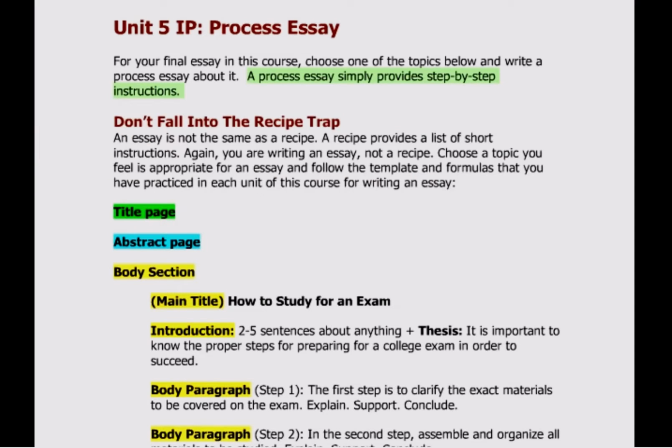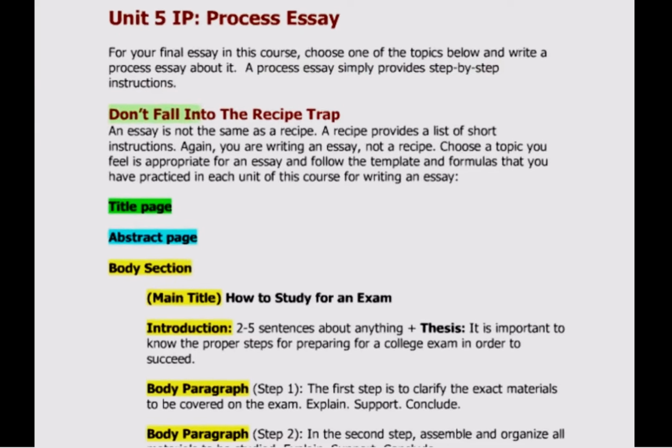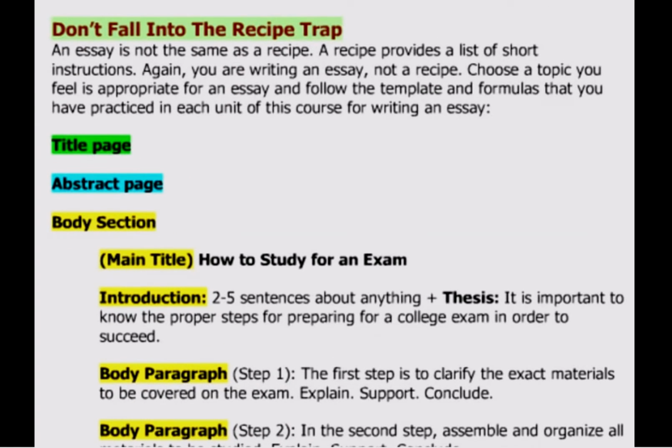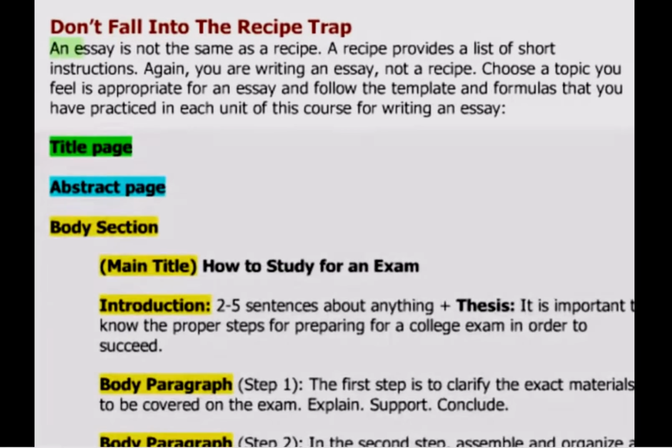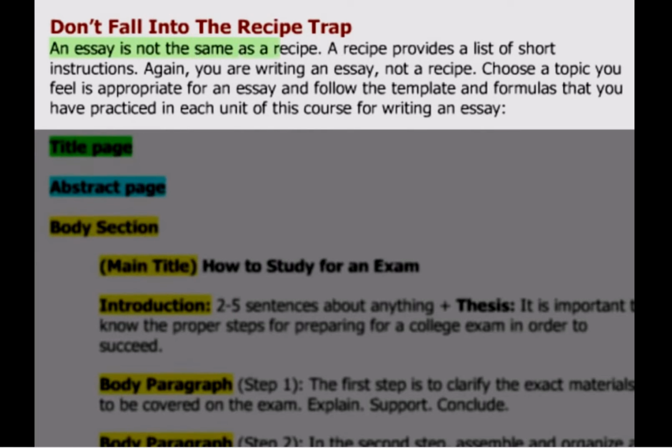How to. The biggest pitfall that students often fall victim to is what I call the recipe trap. You want to keep in mind that an essay is not the same as a recipe. As you know, a recipe is a list of short instructions. Stir, shake, add salt, bake until done.